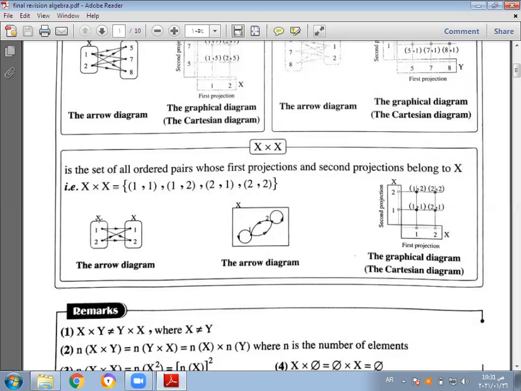So x from x to itself, x {1, 2}, x {1, 2}, (1,1), (1,2), (2,1), (2,2). And we can represent it by another arrow diagram as shown and the Cartesian diagram as shown in the figure.